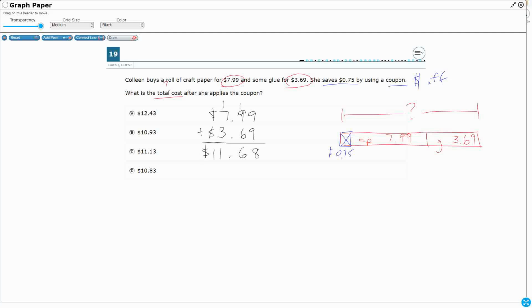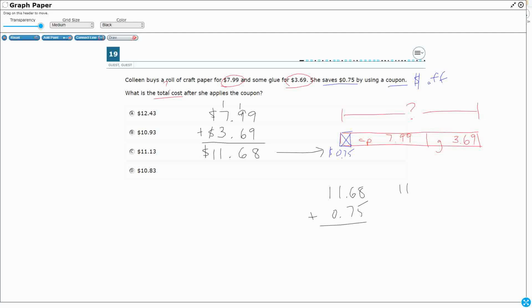Now, if I wanted to choose this, it's not even one of my answer choices. But it's fine. I haven't done anything with this 75 cents. And you know what? Let's do it both ways. All right, so let's add the 75 cents. So we need to line it up like this, 0.75.